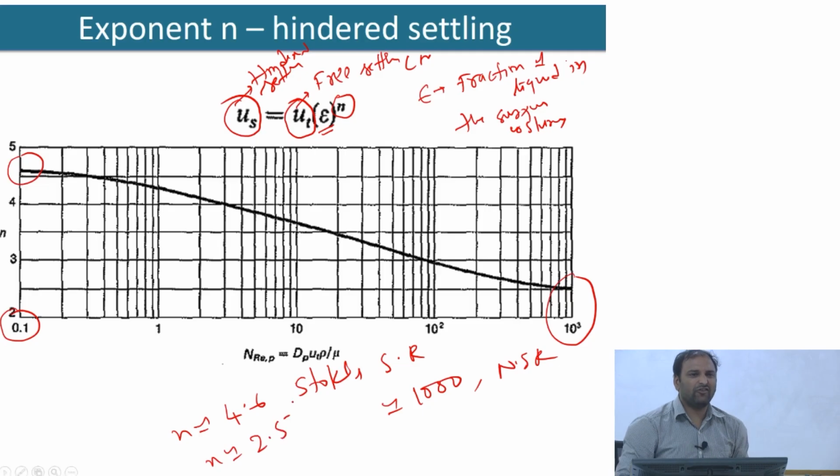People have done a lot of experiments and come up with this empirical relationship that the settling velocity under hindered settling condition goes as the free settling velocity multiplied by epsilon to the power of n, where epsilon is the fraction of the liquid that you have in the system.